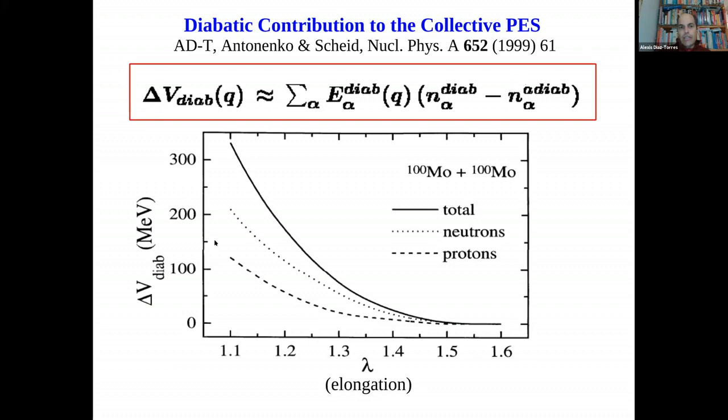So as a result, these contributions, called diabatic contributions, increase as lambda decreases. Here you can see for molybdenum on molybdenum the contribution for neutrons and protons, and there is a huge amount of energy gain if nucleons follow diabatic orbits.